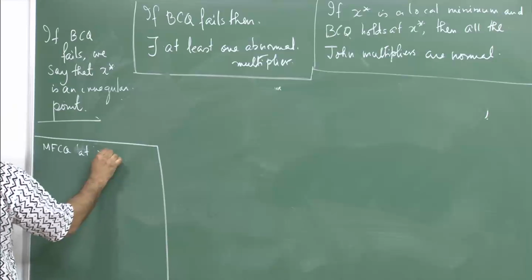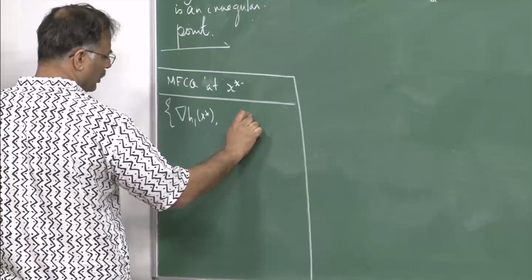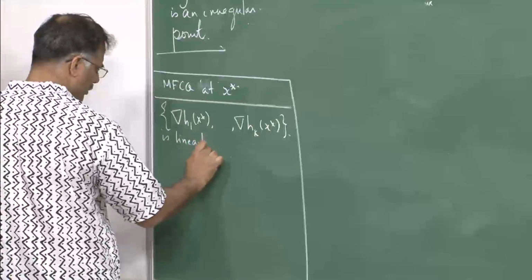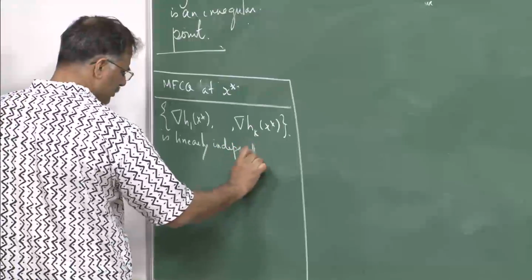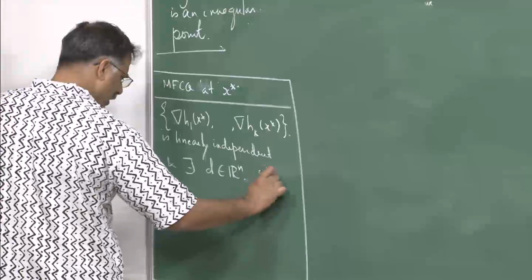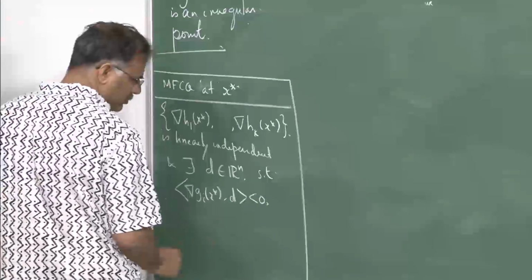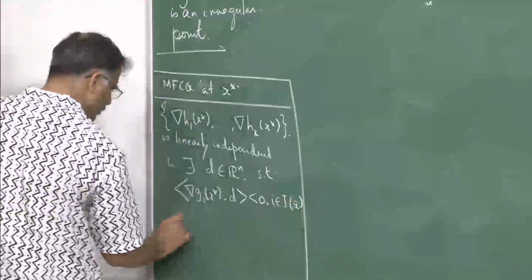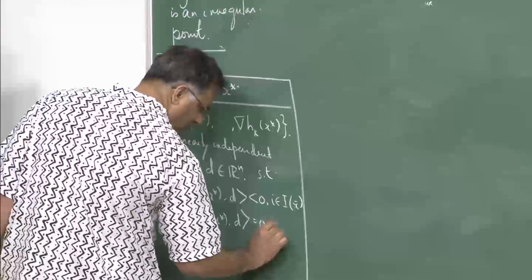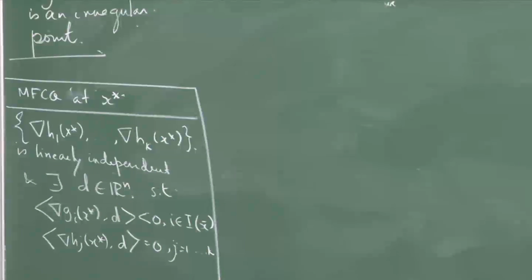So, MFCQ at x star, which means grad H1 x star, ..., grad H k x star is linearly independent, and there exists d, an element of R^n, such that grad of Gi x star transpose d is less than 0. So, this is what we will have.